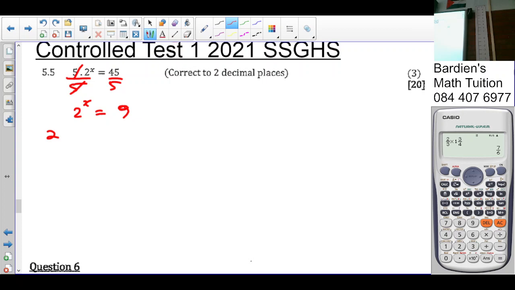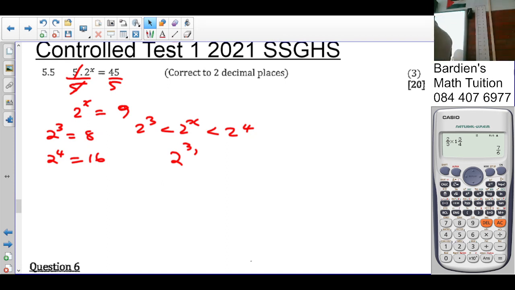So 2 to the 1 is 2, 2 to the 2 is 4, 2 to the 3 is 8. So 2 to the 3 and 2 to the 4. So that's 8 and 16. So 2 to the x has to be greater than 2 cubed, but less than 2 to the 4. So therefore, we have 2 to the 3 comma something.